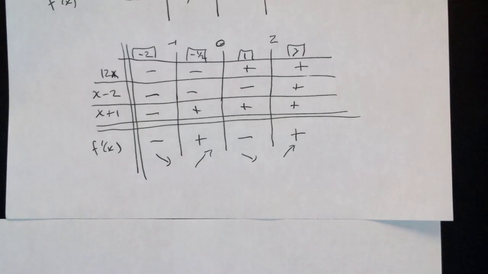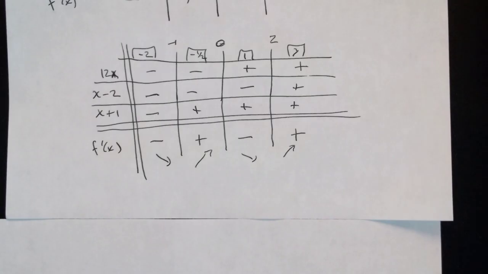Aha. Extremes happen at critical numbers where my derivative exists. This derivative existed everywhere, right? And that means these critical numbers are places where I could have extremes. So x equals -1 could be an extreme value. X equals 0 could have an extreme value. X equals 2 could have an extreme value.